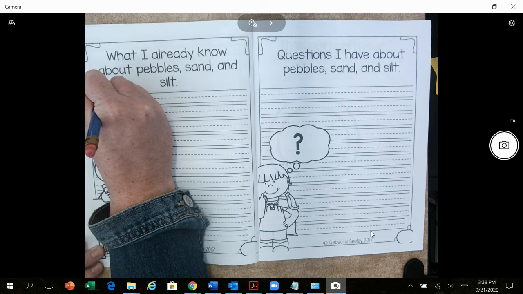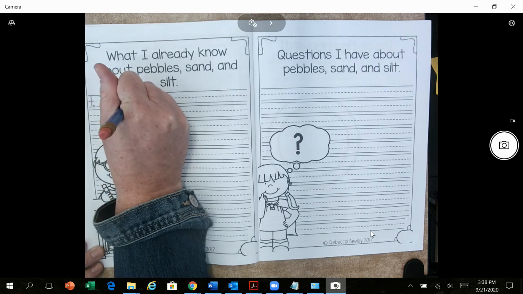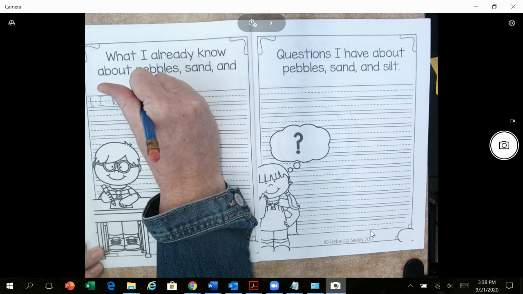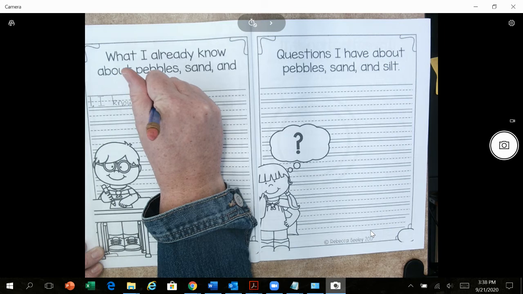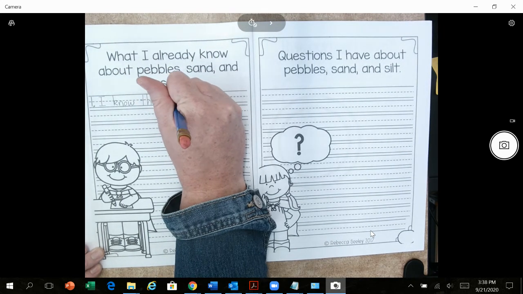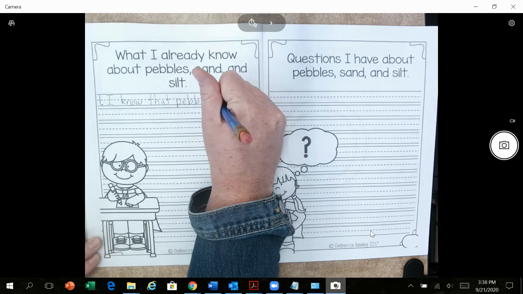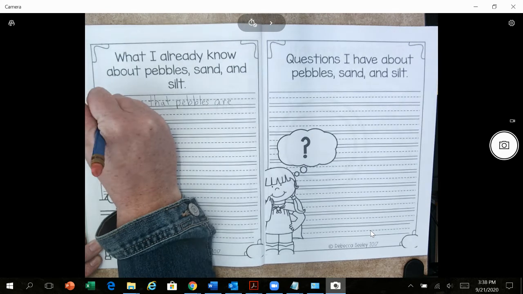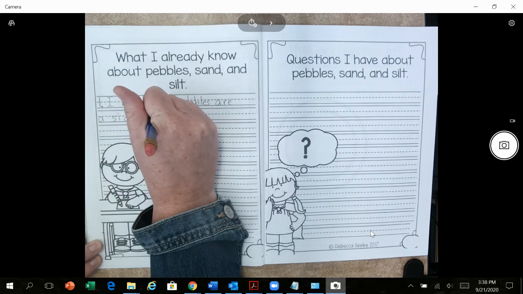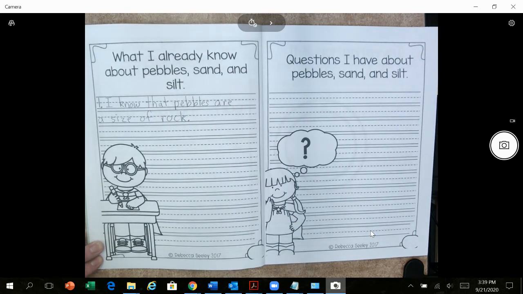I'm going to say, I know that pebbles are a size of rock. Okay, that's what I know.